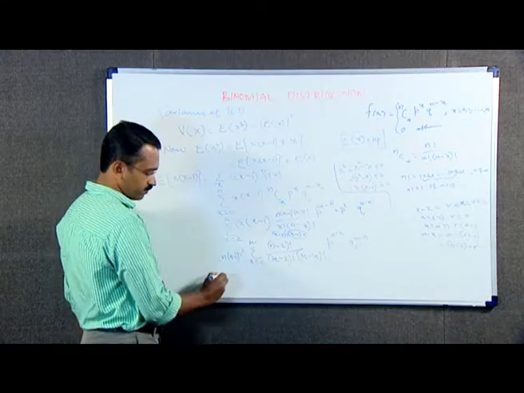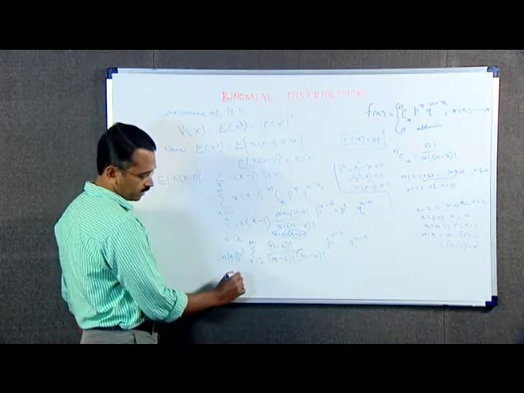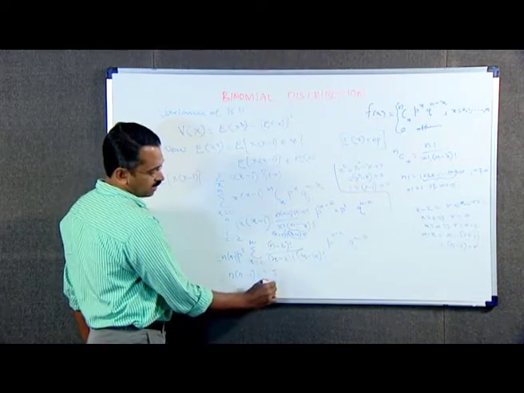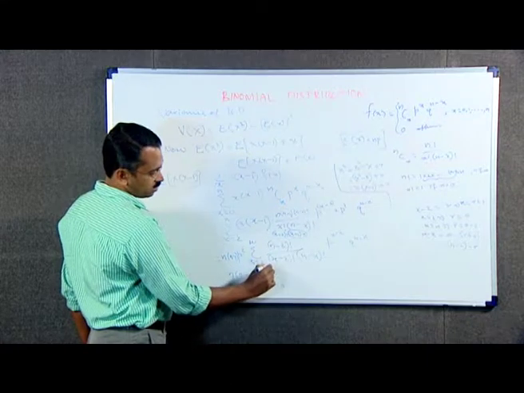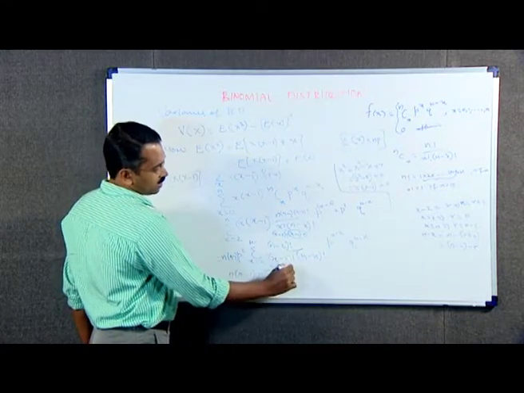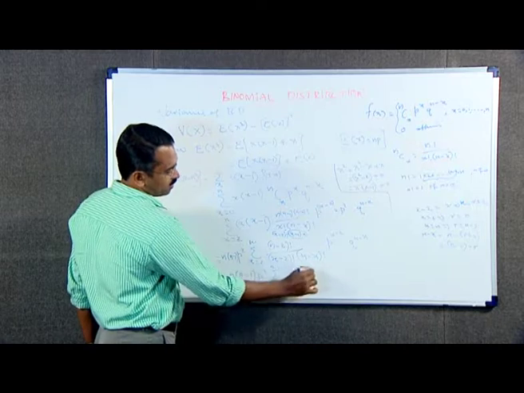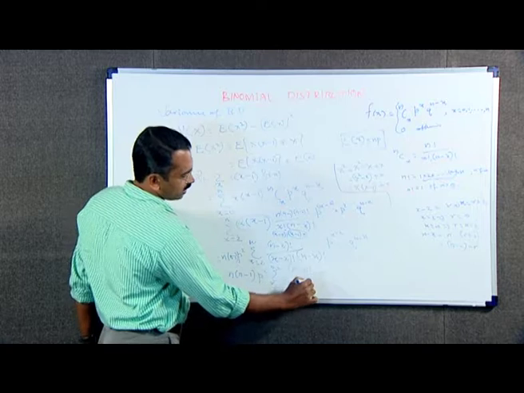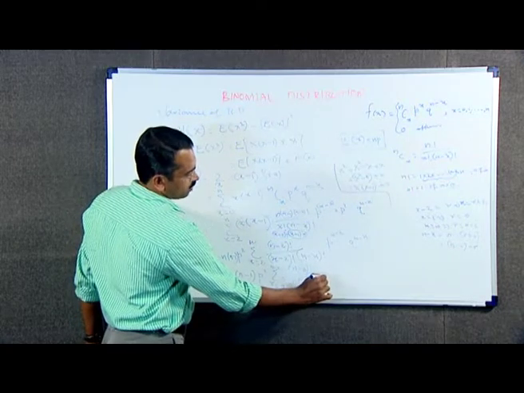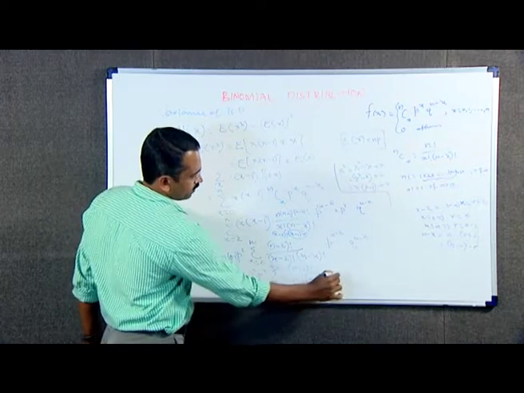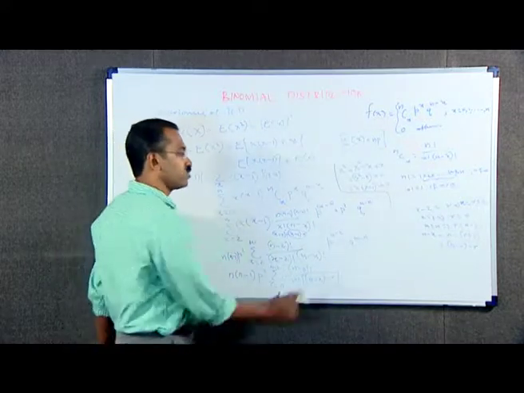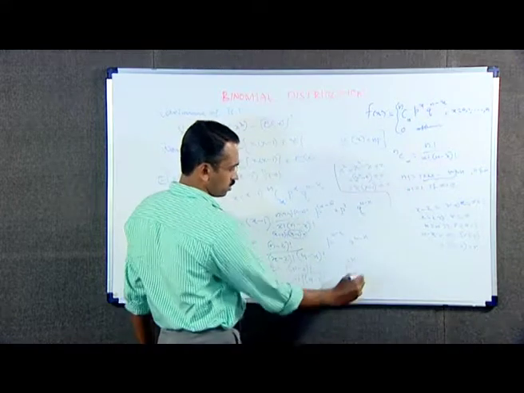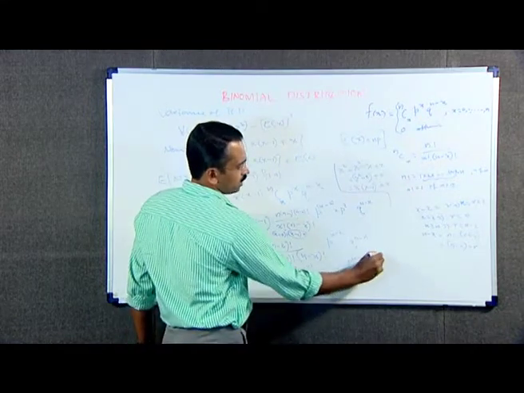Therefore, this is equal to n into n minus 1 p square summation r varies from 0 to n minus 2, n minus 2 factorial divided by r factorial into n minus 2 minus r factorial, p raised to r q raised to n minus 2 minus r.